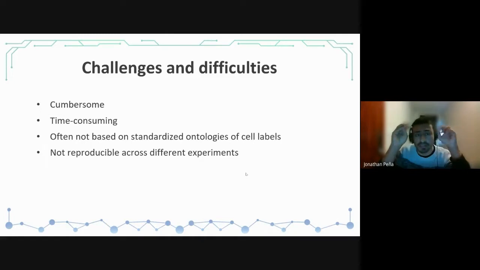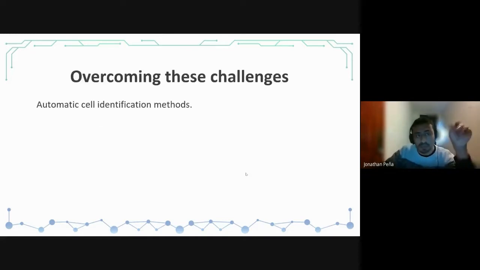Frequently, this annotation is not based on standardized ontologies of the labels, and frequently these annotations are not reproducible across different experiments. So the paper said that for overcoming these challenges, there are some automatic cell identification methods.